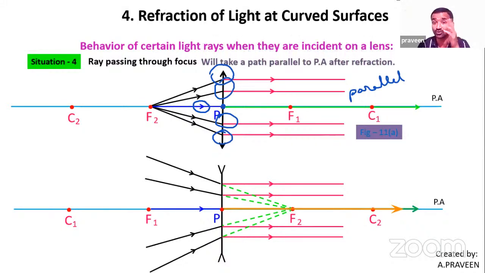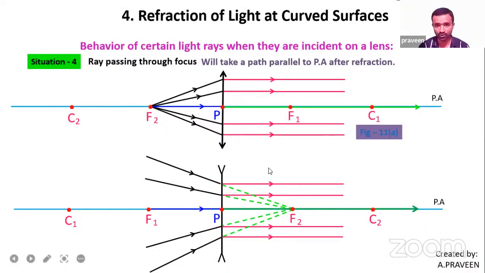Look at them respectively. So a ray passing through the focus will take a path parallel to the principal axis after refraction, for any lens.